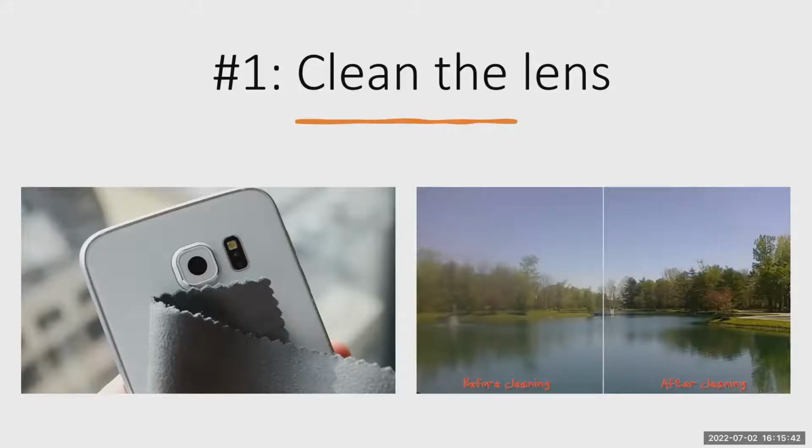So the number one thing, which should have been very obvious but sometimes is not, and I'm putting it out there so it is on top of your mind: please clean your lens with a microfiber cloth if it is available, or just with your clothes if a microfiber cloth is not at hand.